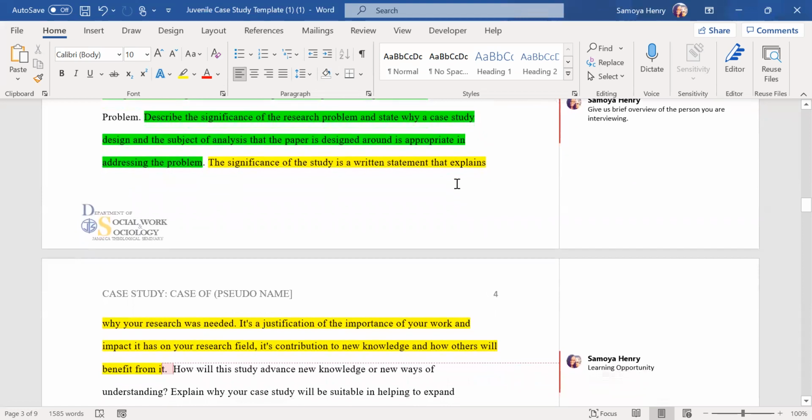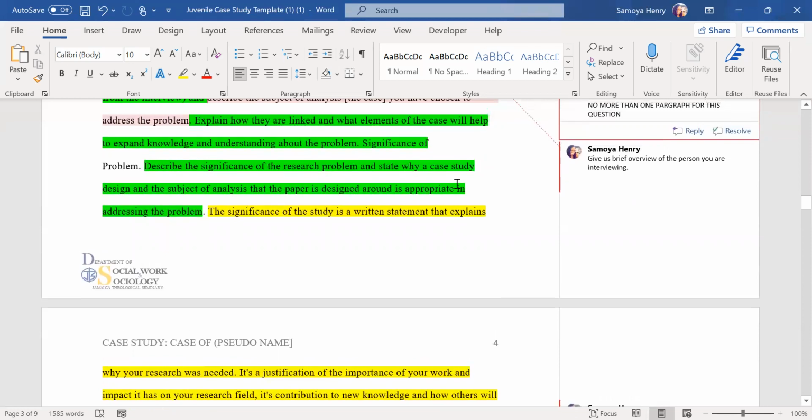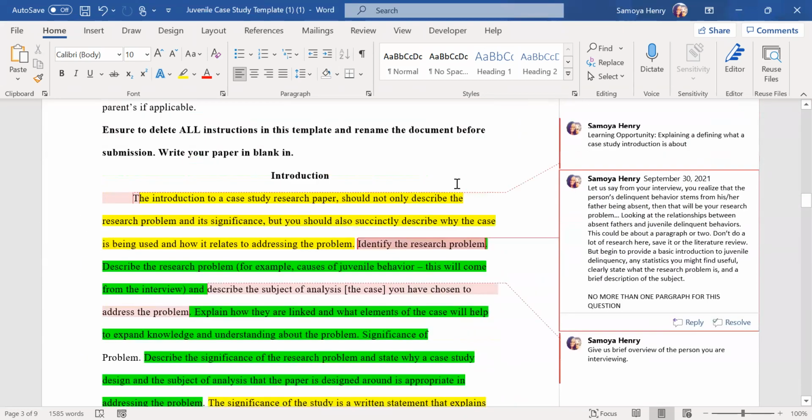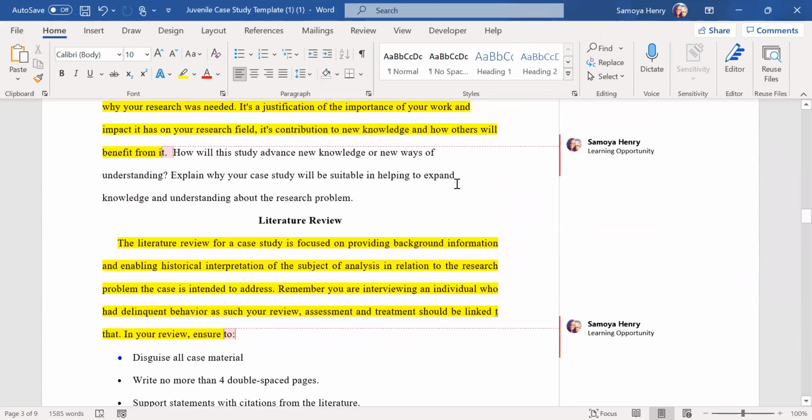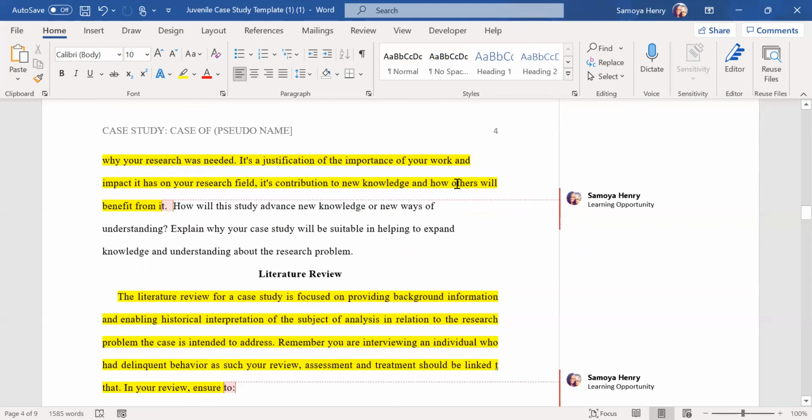So a case study helps you to really zoom in on the issues that contributed to the juvenile behavior, as well as look at the consequences of the absentee father, right? So it doesn't have to be 5-6 paragraphs. And I'm going to quickly, like I said, write this introduction and then move on.